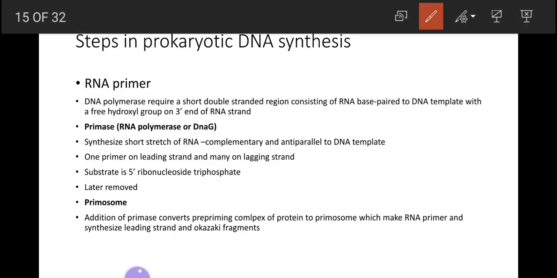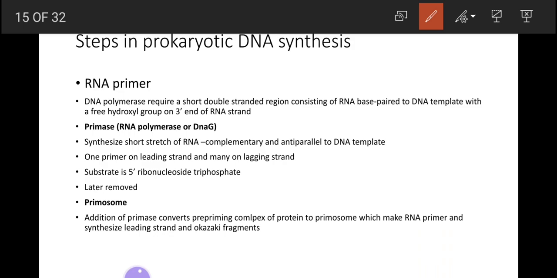In order to start the synthesis, DNA polymerase will not initiate the process. Rather, it will continue from the RNA primer.